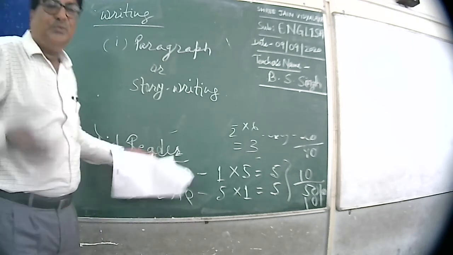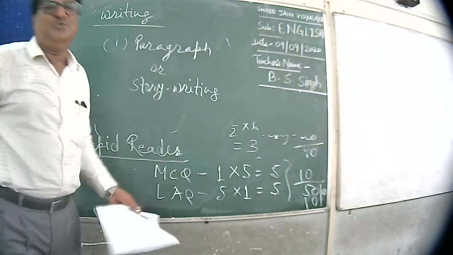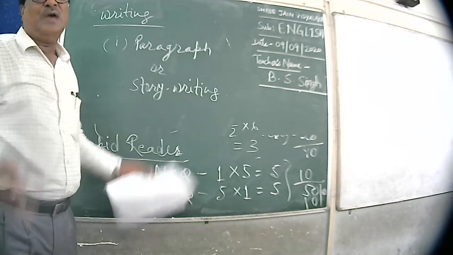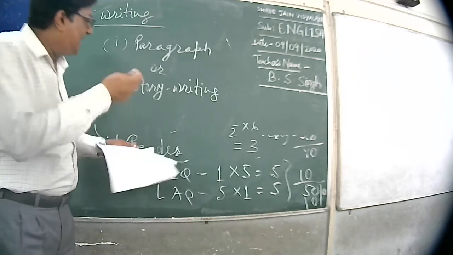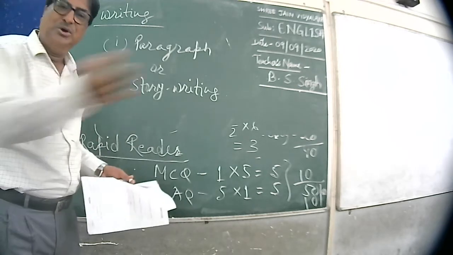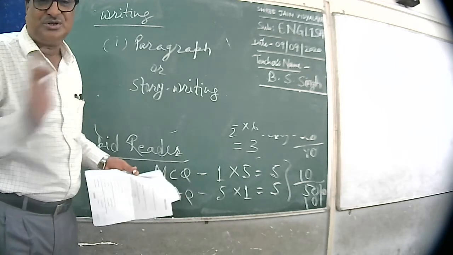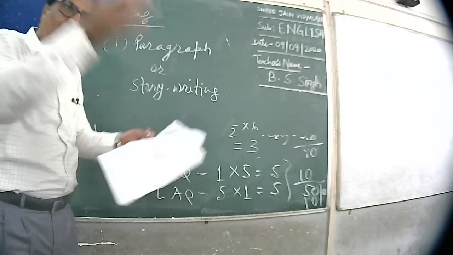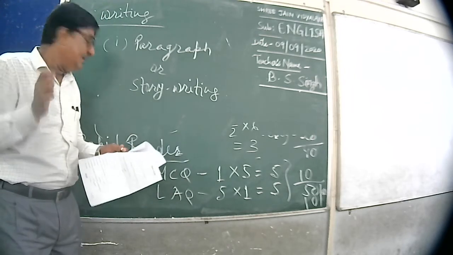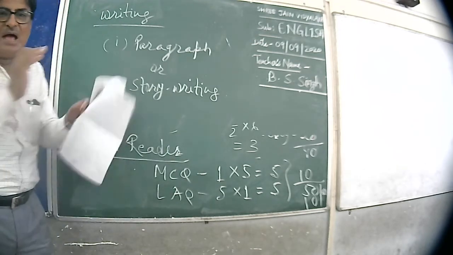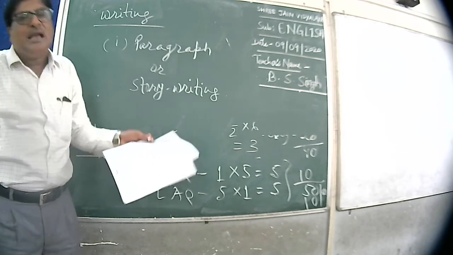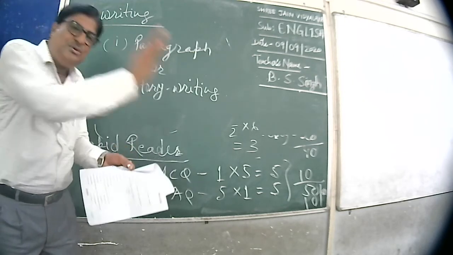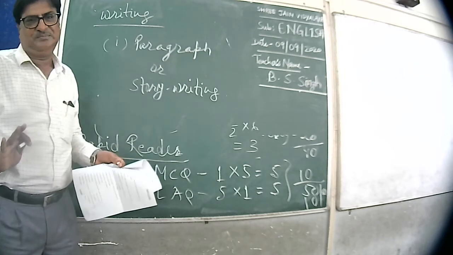All of you are well aware of these two things. You have already practiced and written paragraphs and stories in your previous classes. So this is not new for you. The only difference is that you have to write the paragraph in a more elaborate manner than in your previous classes.